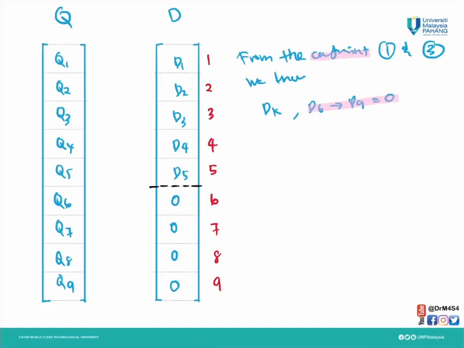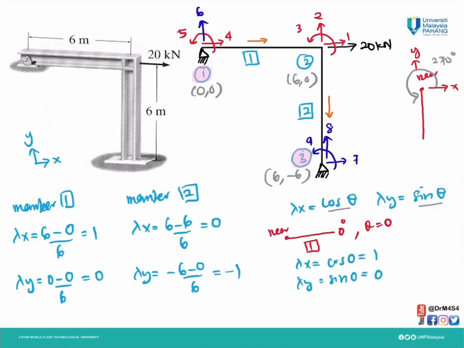And here as well, between Q unknown and Q known. Back to the question, as we can see here, the 20 kilonewton force at node 2, and that's on direction 1 here.